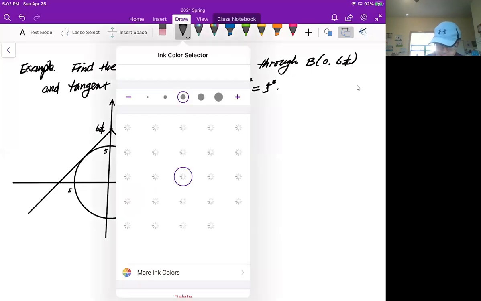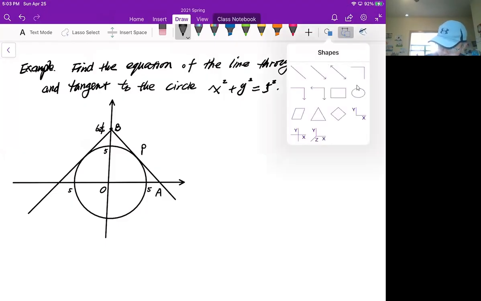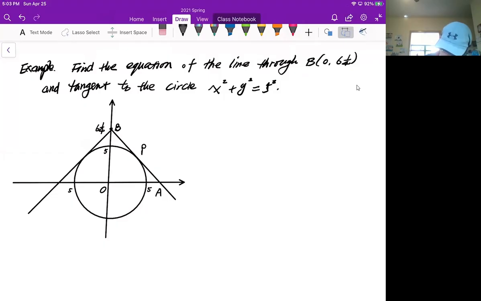So suppose this is O here, and this is my A, and this is my B here. And this is a tangent point. But the problem is that I do not have the tangent point, right? I don't know this. So this is the perpendicular line. Everything's good, right? You get that picture here.